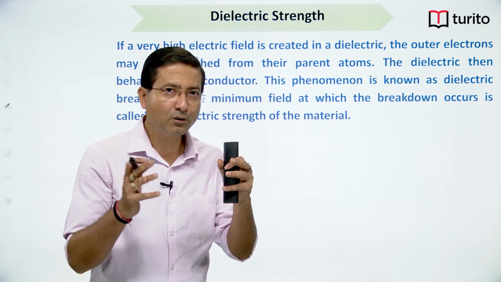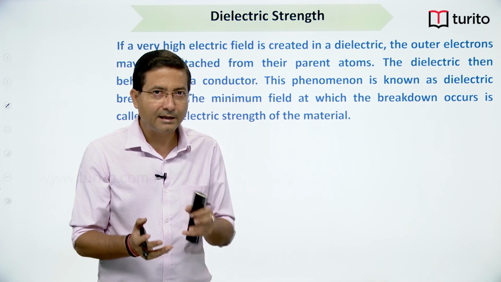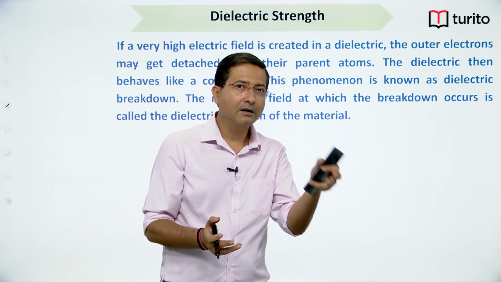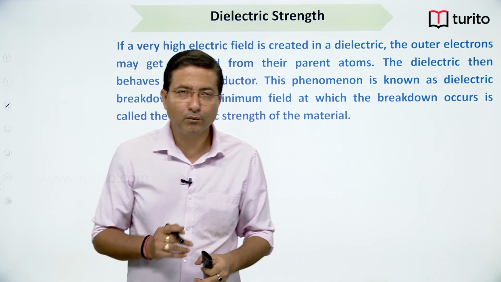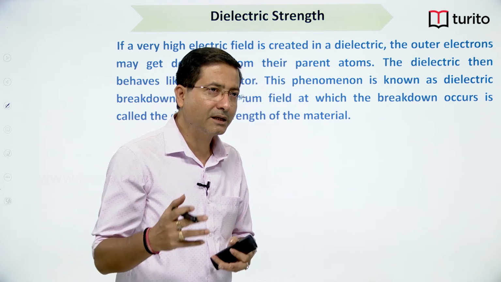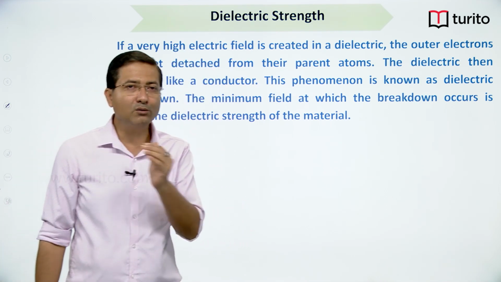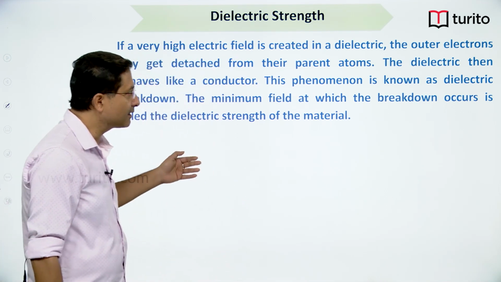So, your insulating material or dielectric starts becoming a conductor. The minimum value of field which should be applied to convert that insulator into a conductor is called the dielectric strength.